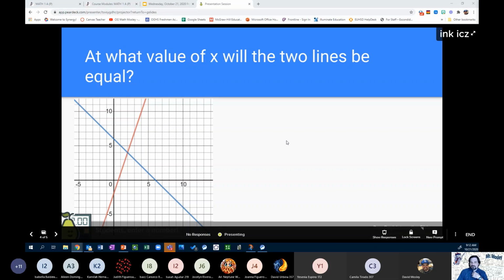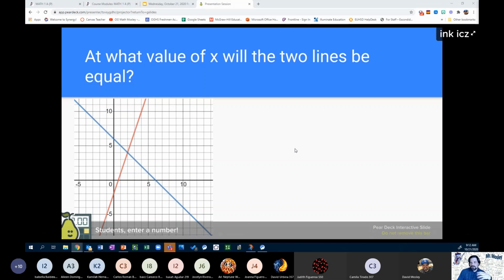All right, this one's a little more interesting, a little more complicated. I want to know, between these two lines, at what value of x will the two lines be equal? So at what value of x are the two lines worth the same amount on y?